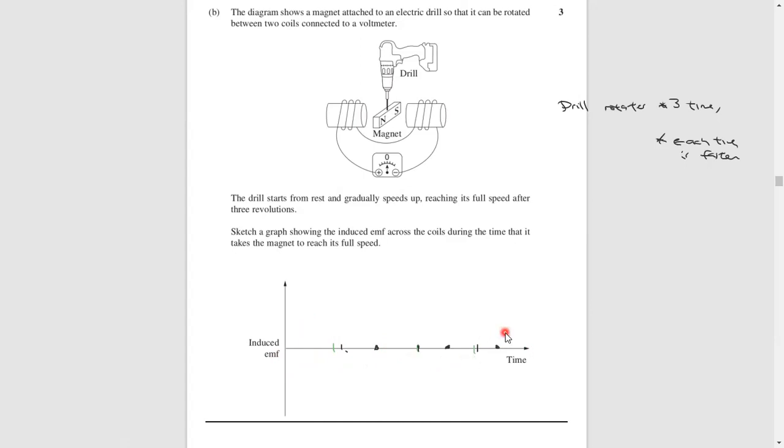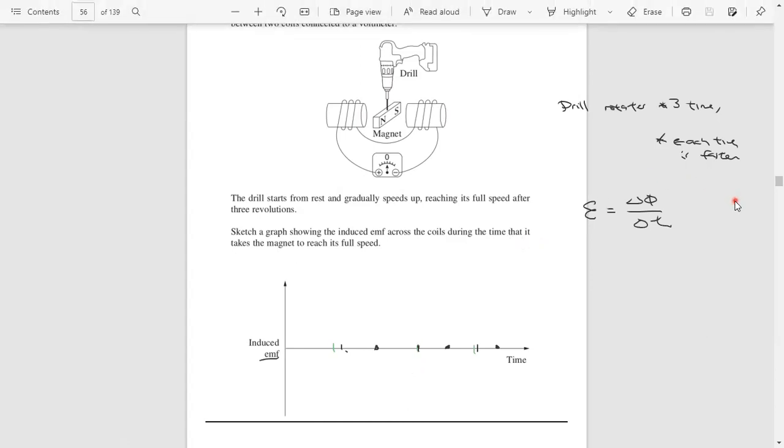And now the next thing you need to consider, apart from just when it crosses the lines, is how high it goes. Now we're graphing induced EMF. And you might recall from our earlier revision that induced EMF is related to the rate of change of flux. So in terms of the rate of change of flux, because you recognize that for every turn, you're introducing the same change in flux to the coil because it's the same magnet and you're still doing one turn.